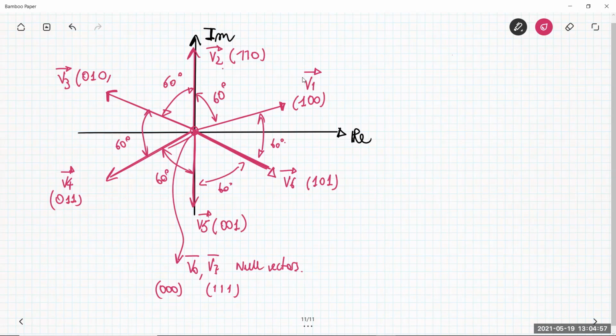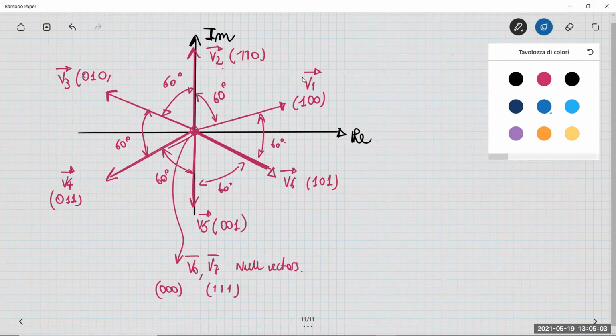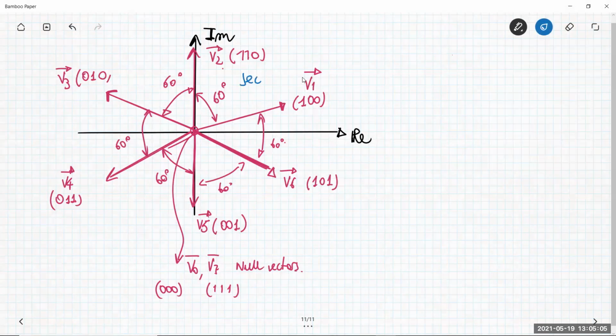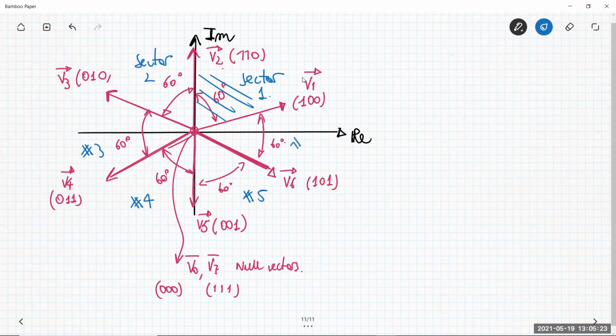So this means that my complex plane is divided into 6 sectors. This is sector 1, then you have sector 2, sector 3, sector 4, sector 5, sector 6.